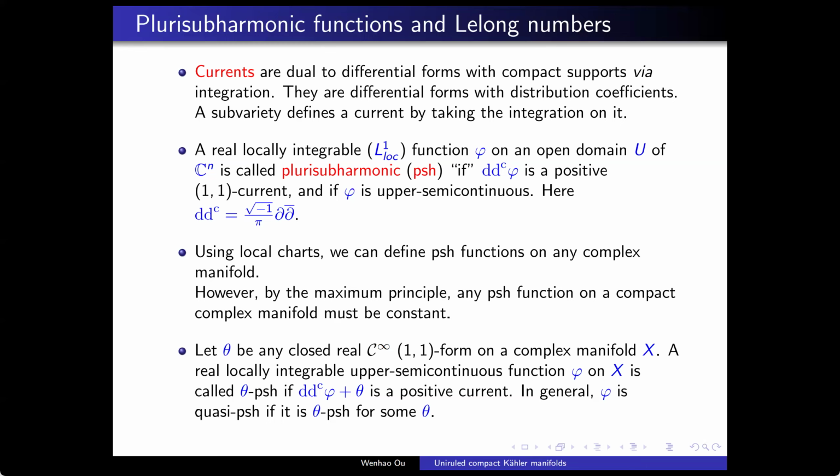But if we consider line bundles on a complex manifold, there may be plenty of global sections. So this is an analog, one idea behind the Gaussian PSH functions. We can consider PSH functions inside some line bundles.